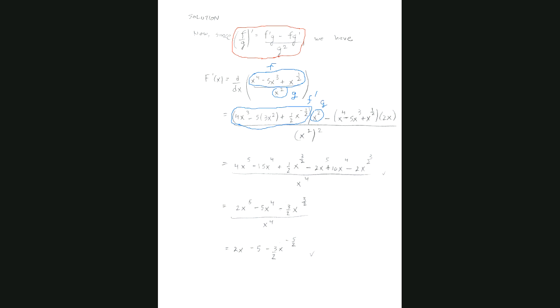And then we subtract the function f, which is x to the fourth minus 5x cubed plus x to the half, multiplied by 2x, which is g prime.